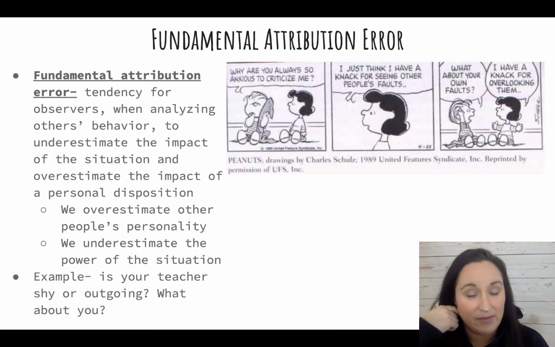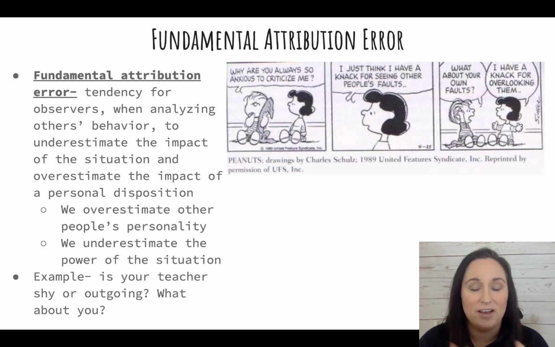Sometimes our attribution style can lead to errors in our thinking. One is called fundamental attribution error. This is the tendency for observers, when analyzing other people, to underestimate the impact of the situation and overestimate the impact of the person's disposition. So we tend to overestimate other people's personality.